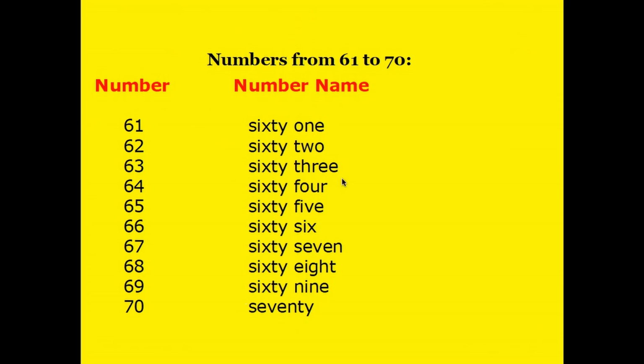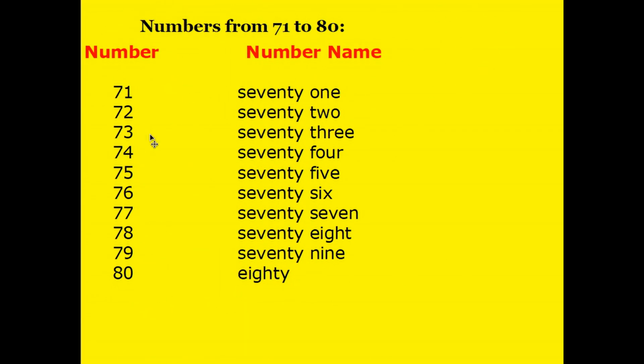So in this lesson, as I told you earlier, we are going to see numbers from 61 up to 18. Here you have up to 17, and the next one is up to 18. Their numbers with their corresponding words.